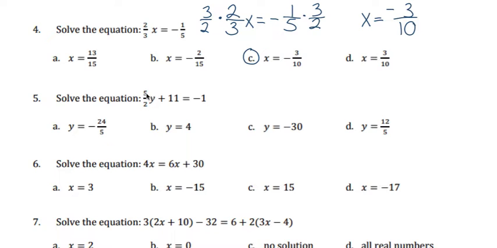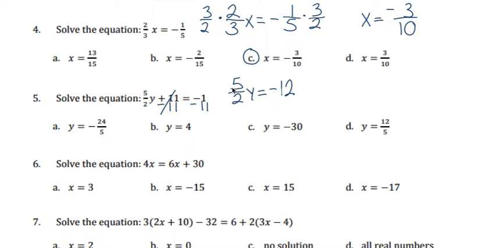Number 5. Solve the equation 5 over 2y plus 11 equals -1. The first step here is going to be to subtract 11 on both sides. The positive 11 and -11 on the left side will cancel, and we'll be left with 5 over 2y equals -1 minus 11 is -12.